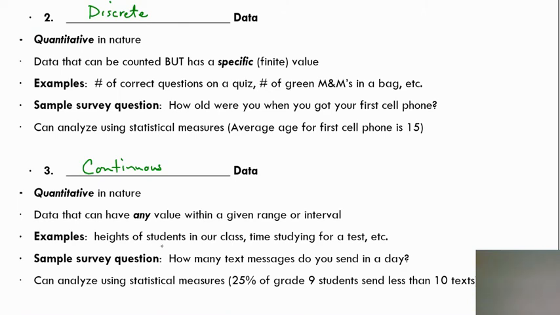So for heights of students, you could have decimal values in centimeters. Time studying, you could have 2.5 hours or 1 hour, 45 minutes. You can have in between times. Sample survey questions, how many text messages do you send in a day? You can analyze using statistical measures, like 25% of grade 9s send at least 10 texts a day.